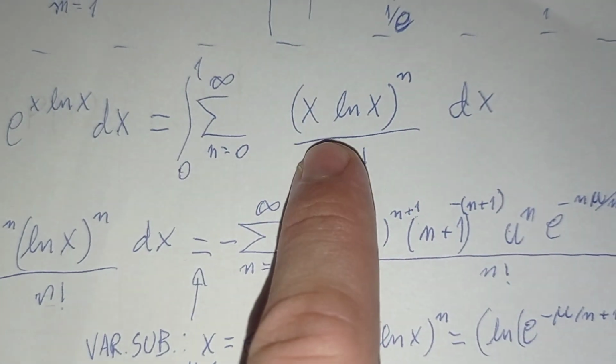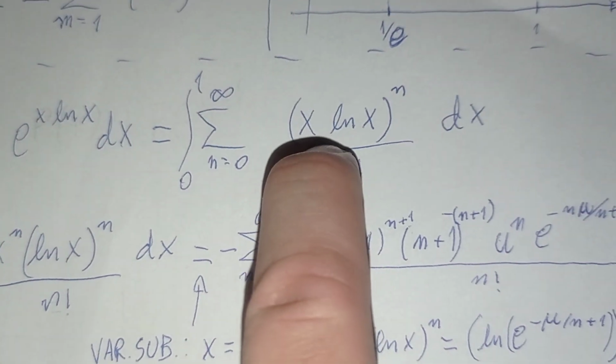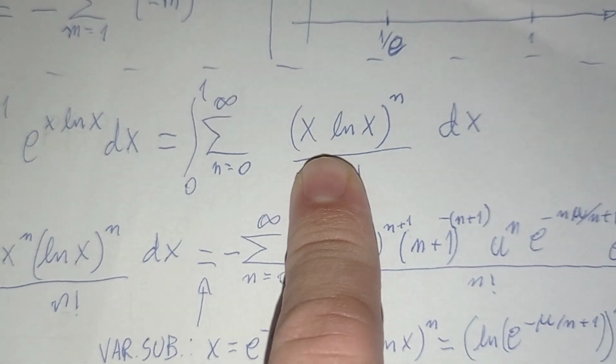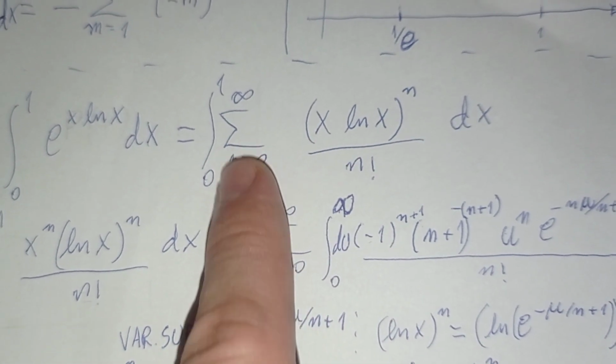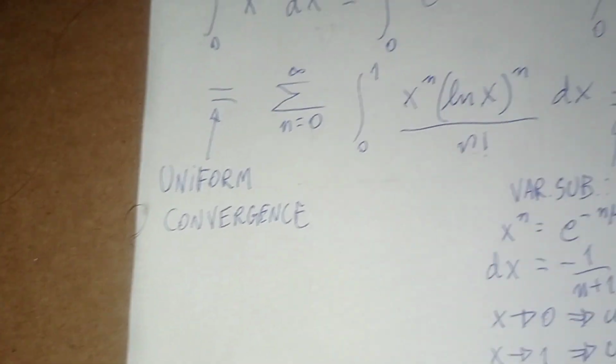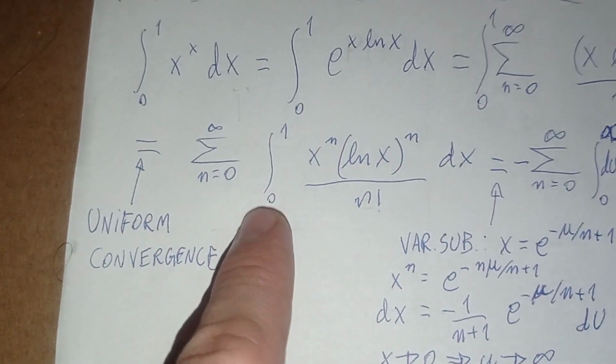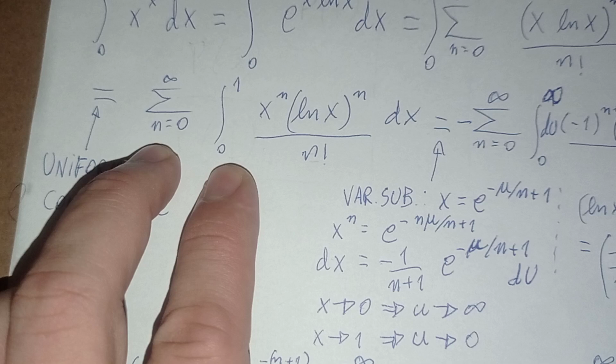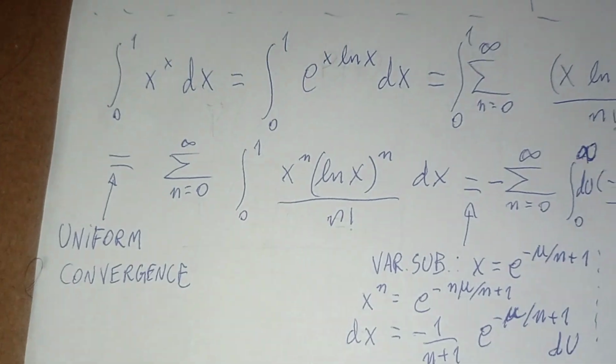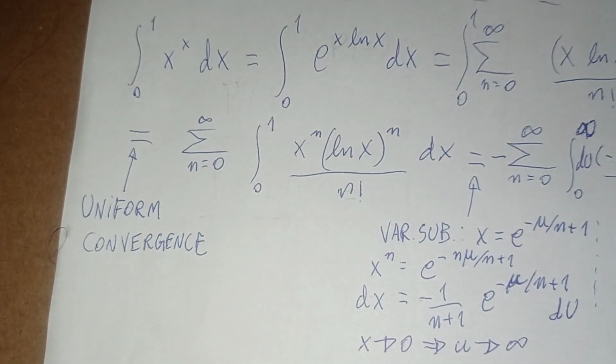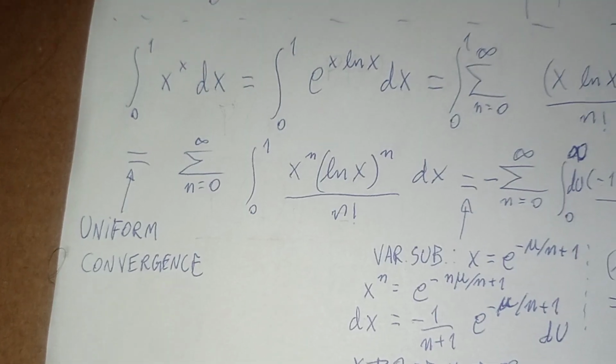And since this is a continuous function in this interval, it has uniform convergence, so we can invert the sum and the integral. So the integral of the sum is the sum of the integrals as per usual.